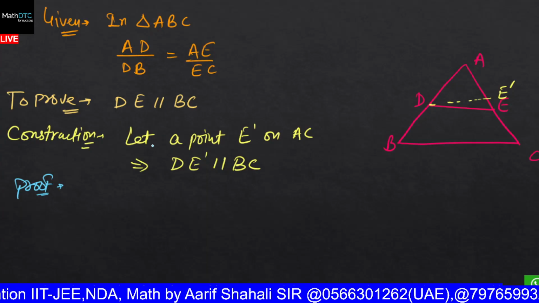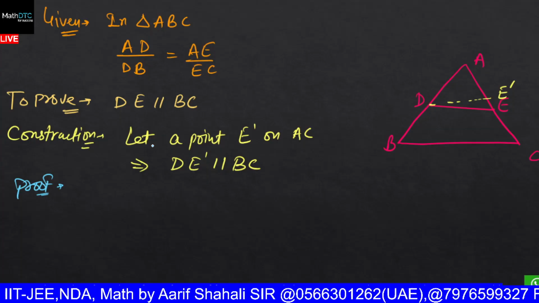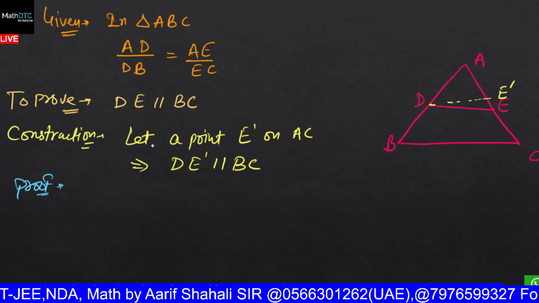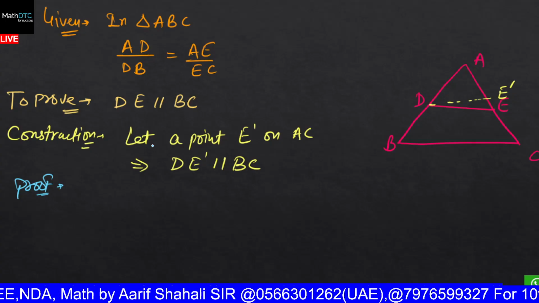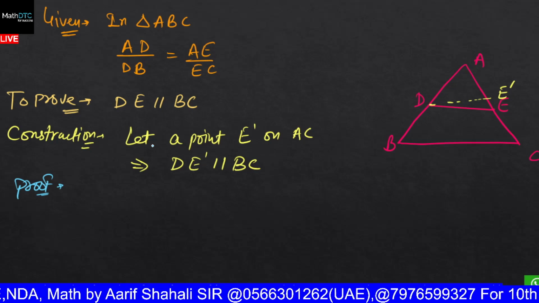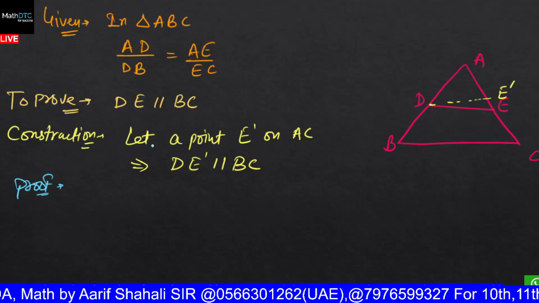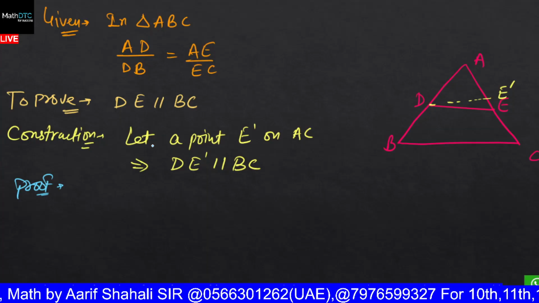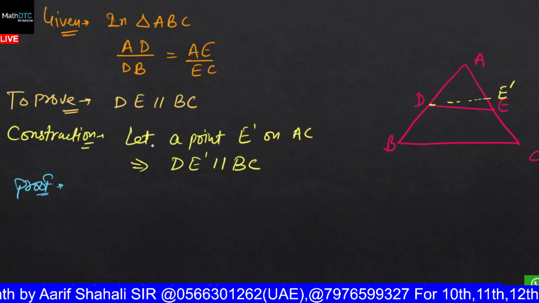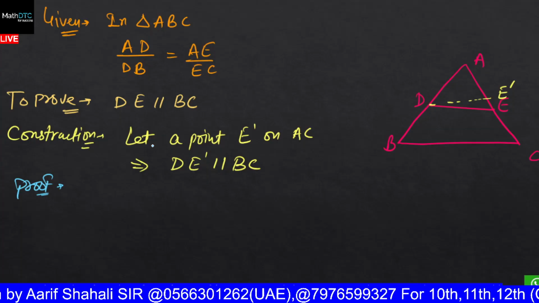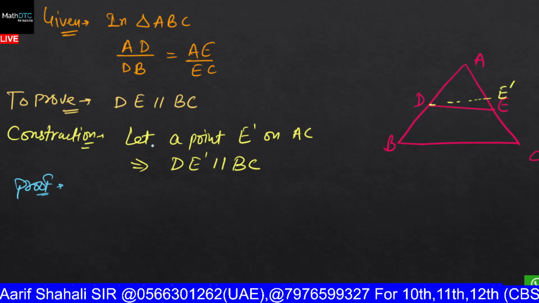See, one more thing. DE is not parallel to BC right now. Do you understand what I'm saying? So we are just assuming that DE dash is parallel to BC. Two different things are going on here. DE is not assumed parallel to BC; we need to prove DE is parallel to BC.